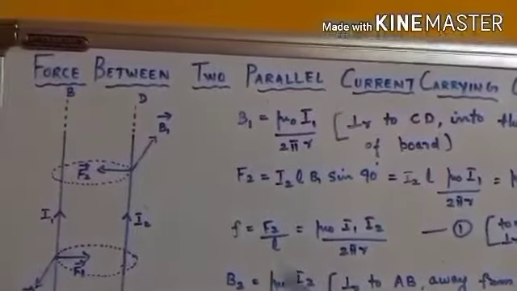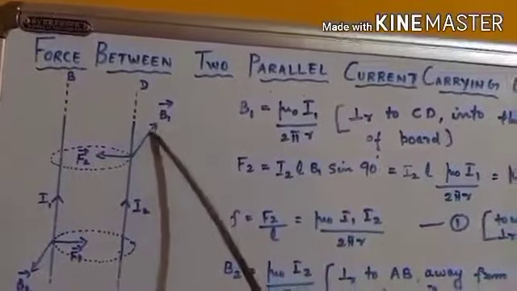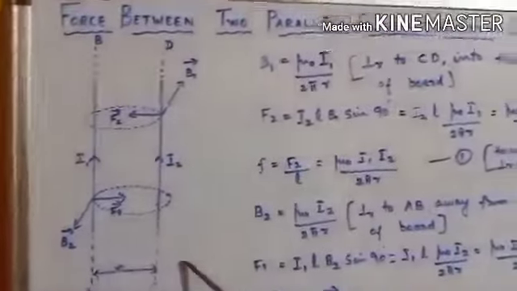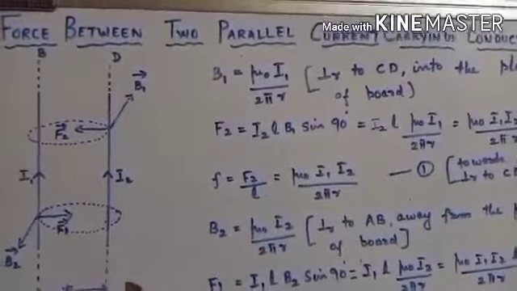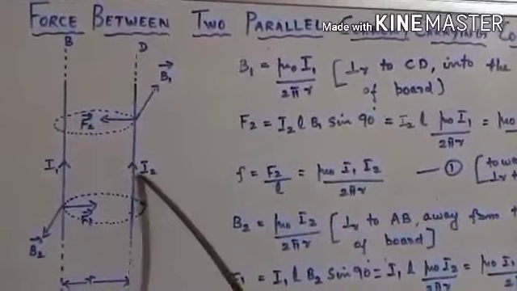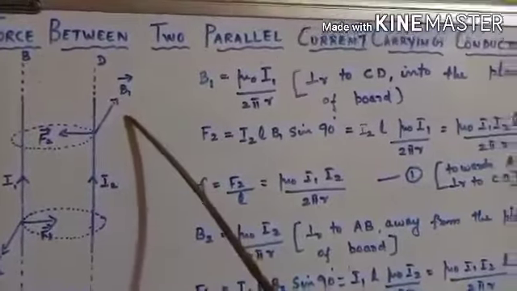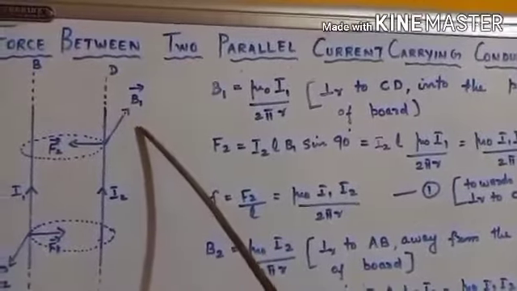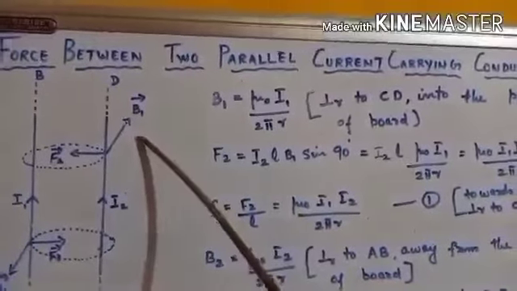Now, within this magnetic field, the conductor CD is kept. In the previous topic we discussed that whenever a current carrying conductor is kept in a magnetic field, a force will be experienced, and we know the expression for the direction and magnitude of the force.